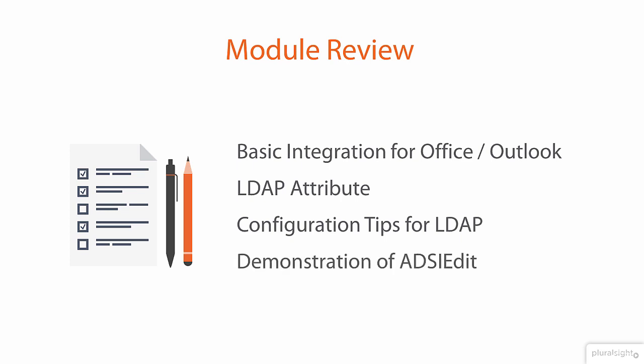And we did a demonstration of utilizing the ADSI Edit tool if you happen to be on a Windows 2003 domain. So this is a pretty good primer of what to expect for Microsoft Office or Microsoft Outlook integration with Jabber for Windows.